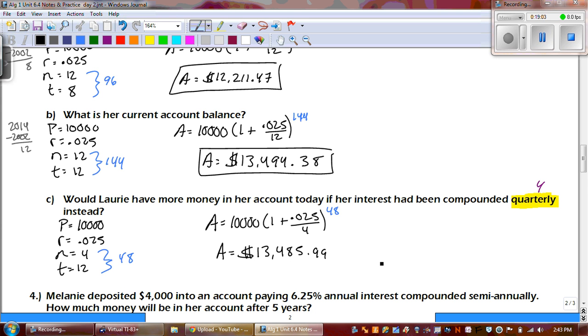Now, would she make more money? Well, compare them. Look at that number compared to that one. Would you make more money? No. Okay, so that does matter. All right.